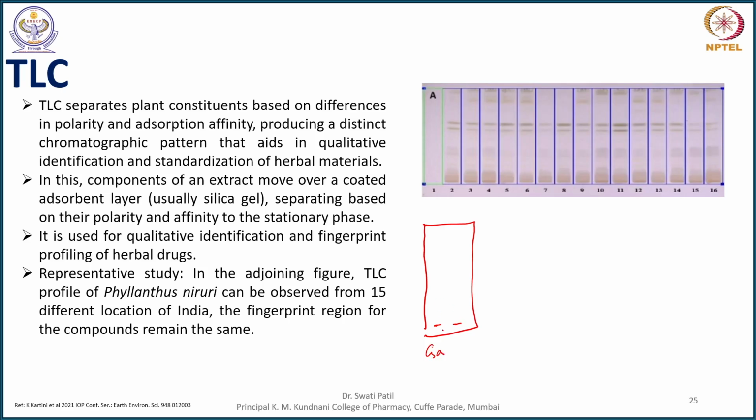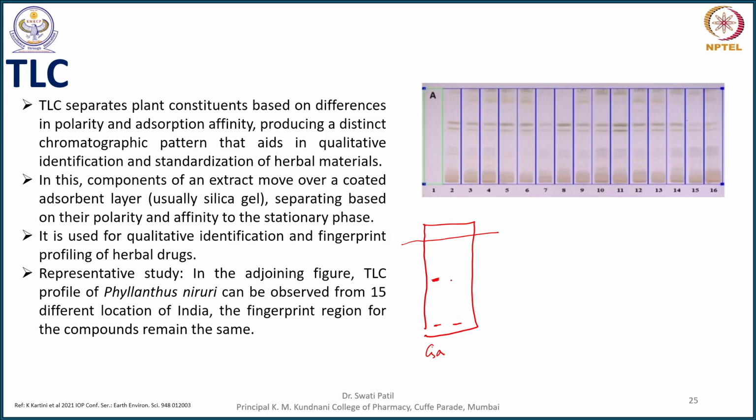This plate is dipped in a mobile phase, and the mobile phase rises due to capillary action. Once the mobile phase reaches this height, the plate is removed from the mobile phase, dried, and observed under UV light. You will see that the gallic acid standard has run, and you will see a spot here.